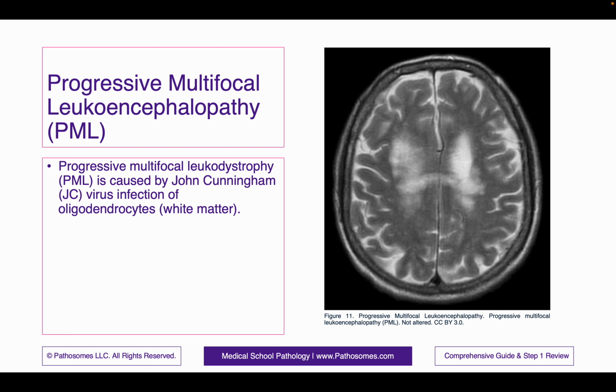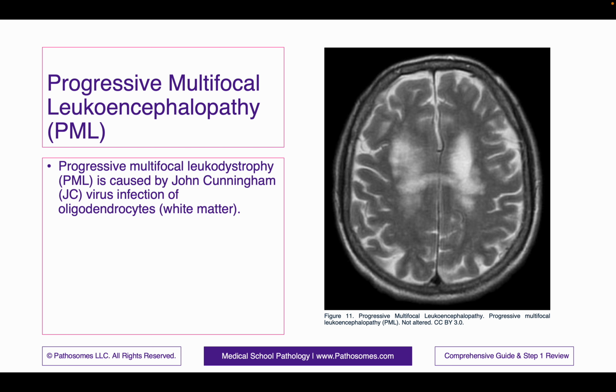Progressive multifocal leukoencephalopathy is another condition that you must be aware of. Progressive multifocal leukoencephalopathy is caused by JC virus, and it's an infection of oligodendrocytes. For those that are curious out there, JC stands for John Cunningham.